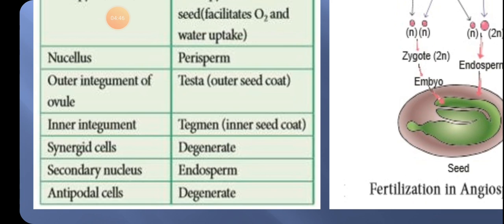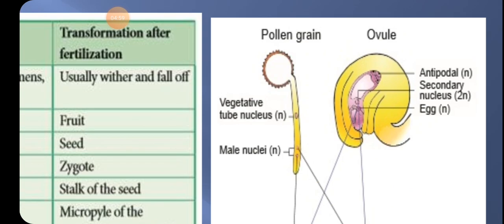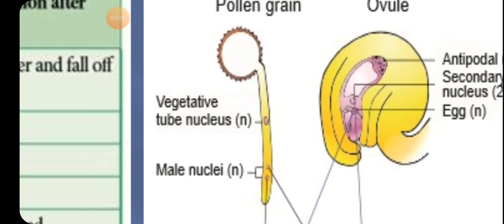Then the next one, the synergid cells. With the egg cell, two extra synergid cells are present, and they also degenerate. And the secondary nucleus: see here, at the bottom the egg is present, and at the opposite end the antipodals are present.